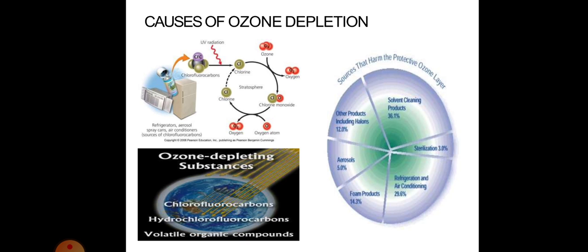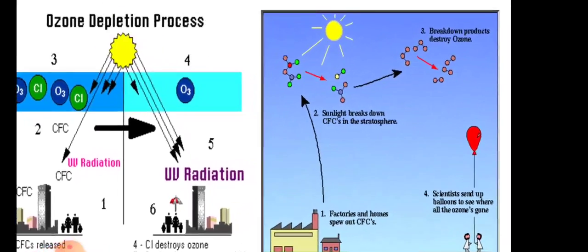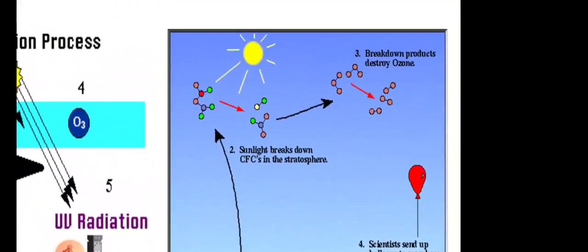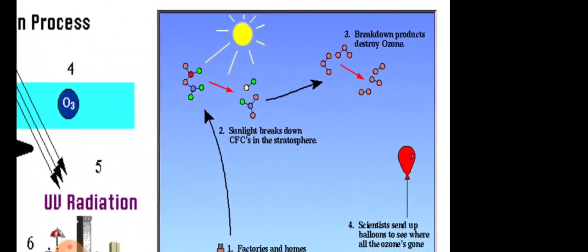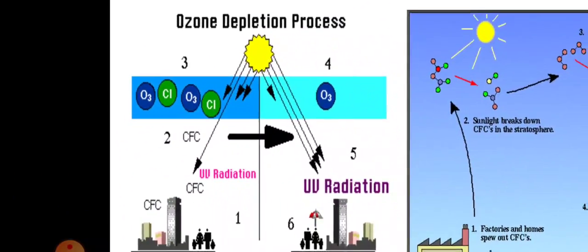It is not a very serious cause. Volcanic eruptions are also responsible for the depletion of the ozone layer. This figure just illustrates the ozone layer depletion process.